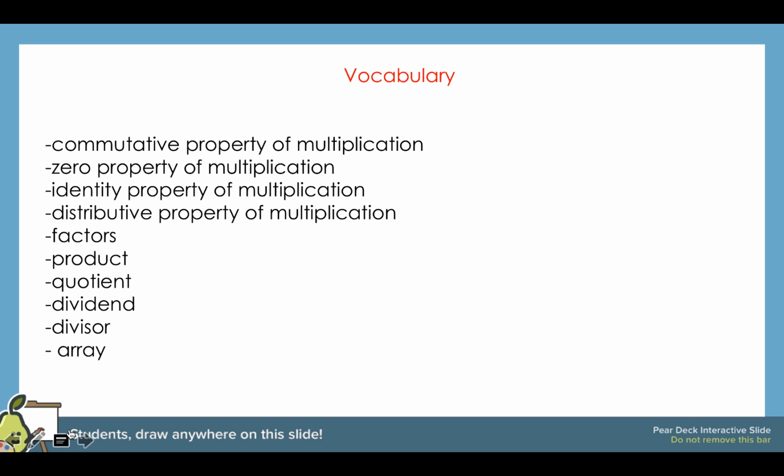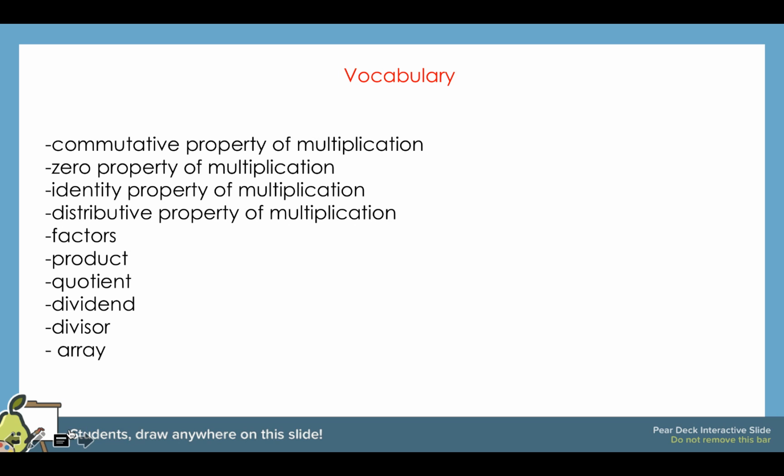Then we have factors. Those are the numbers that we multiply together. The product is the answer to the multiplication problem. Your quotient is your answer to your division problem. The dividend is your total amount in your division problem. The divisor is the number of groups that you have.